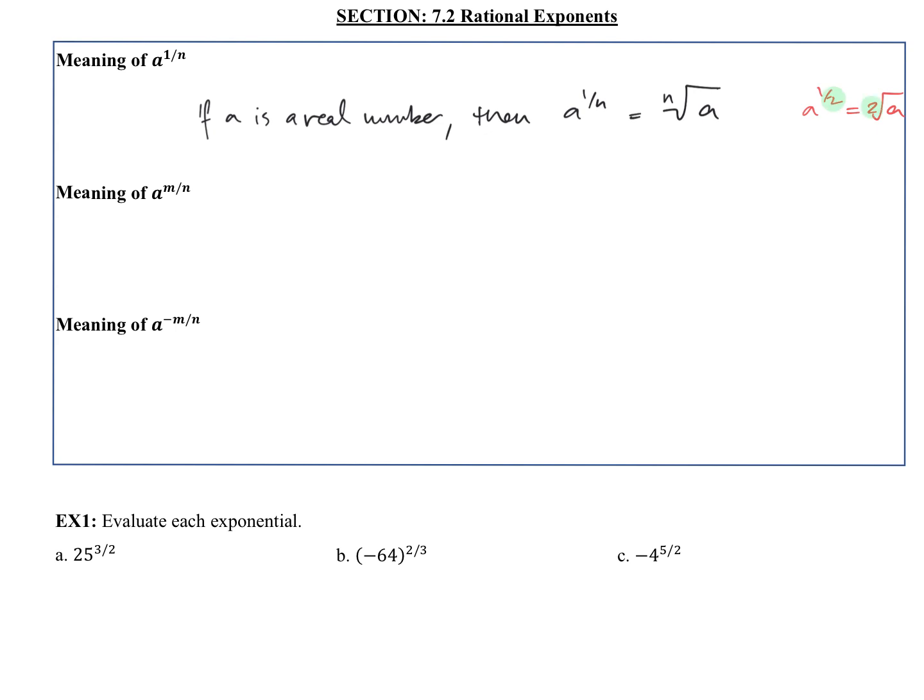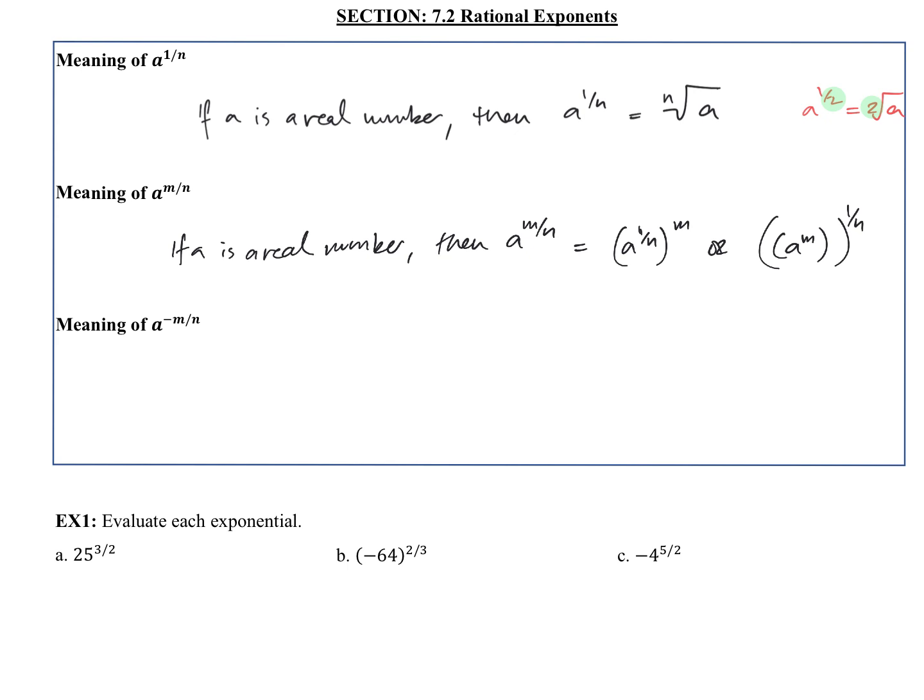Now let's take a look at the next one. Once again, if a is a real number, then a to the m over n is going to equal a to the 1 over n raised to the m power, or you can switch it around, a to the m power to the 1 over n.